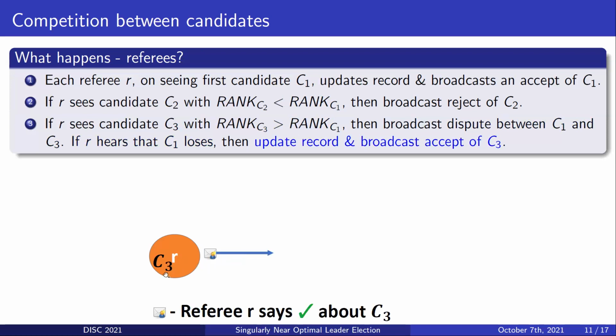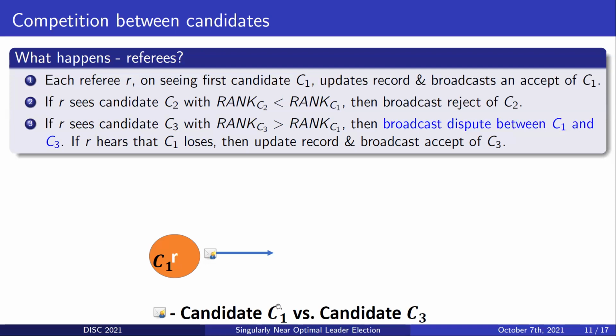C3, now you can become the leader. And it'll generate an accept message for C3. And importantly, if C1 lost out, then C3 will be announced as a possible new leader, or at least R will generate an accept for C3.